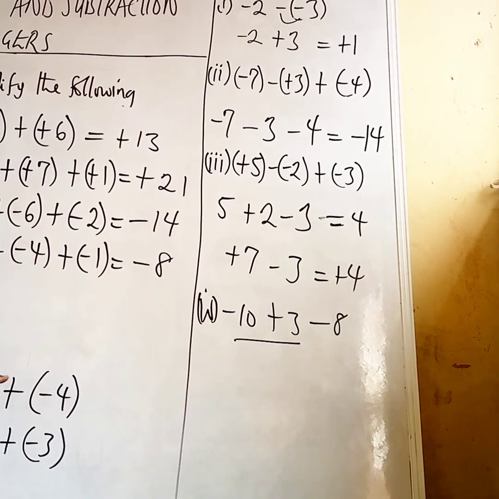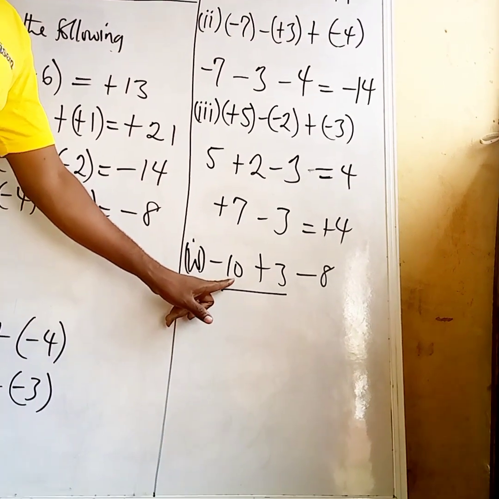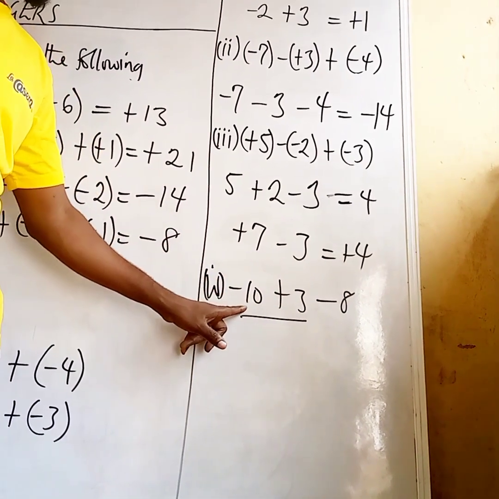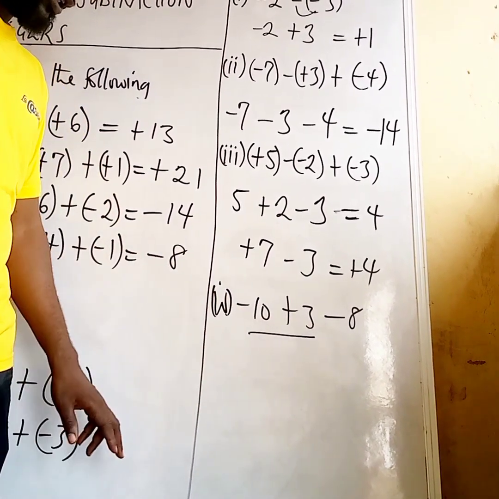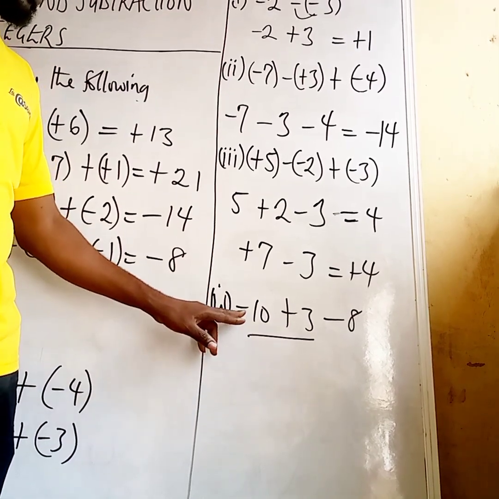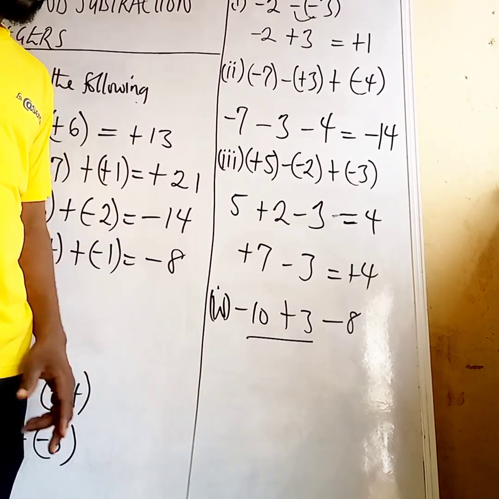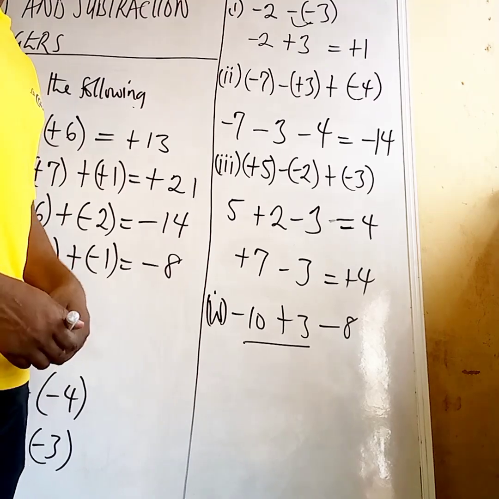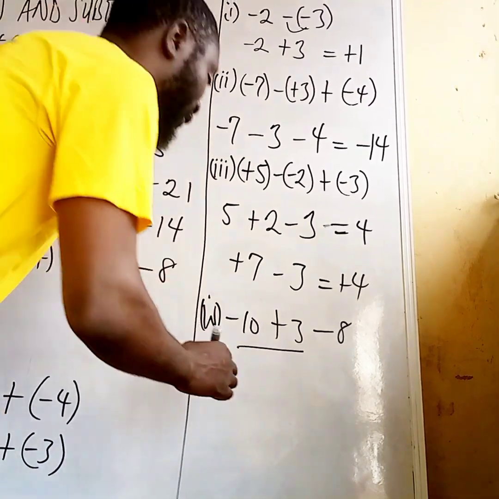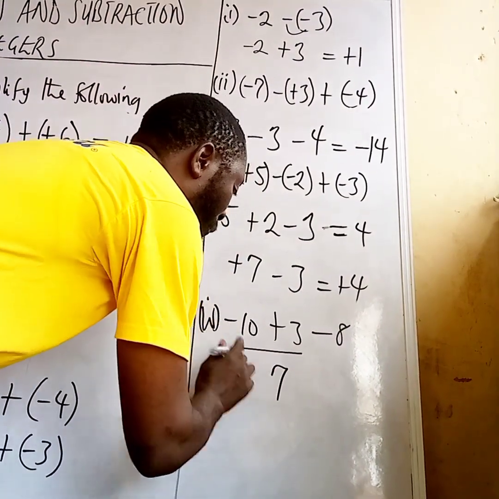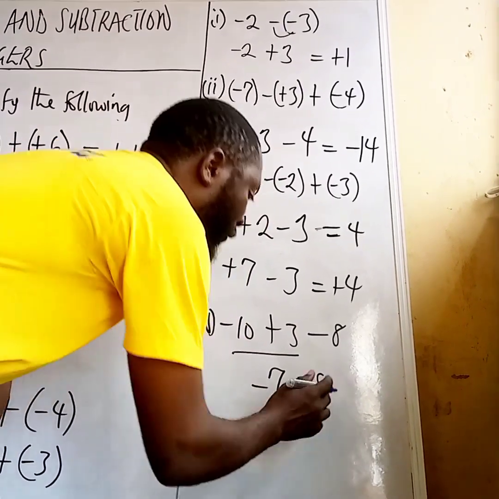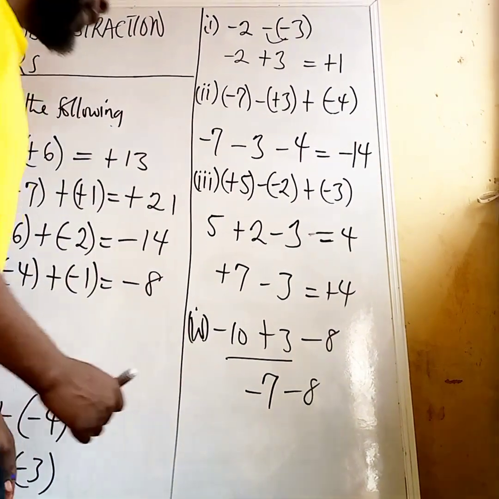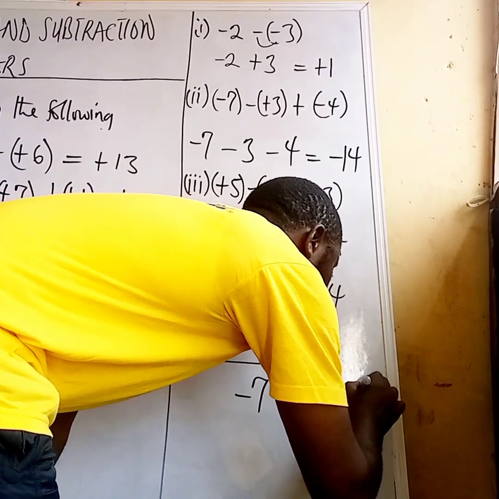Now when we subtract, which sign does the result take? Our result takes the negative sign, because this 10 is more than 3. So now subtract, difference between 3 and 10, that is 7. But our result will be negative because 10 is more than this. So now minus 8. Minus 7 minus 8. Add them together. That is negative 15.